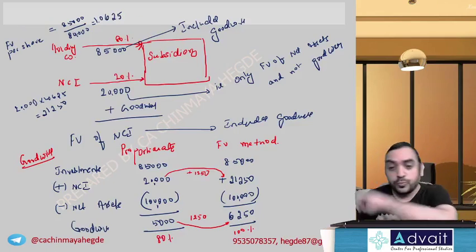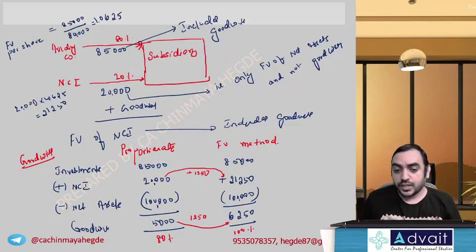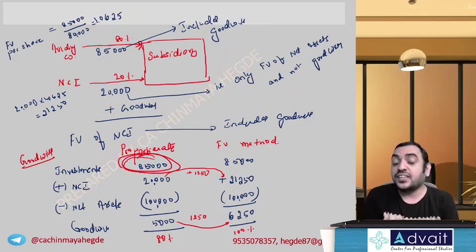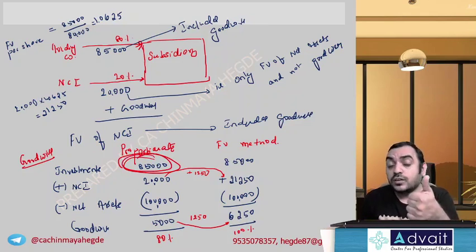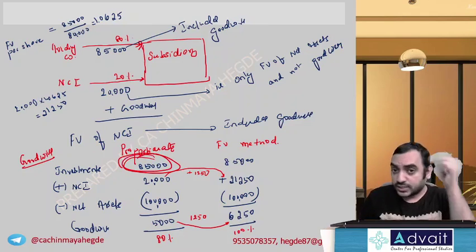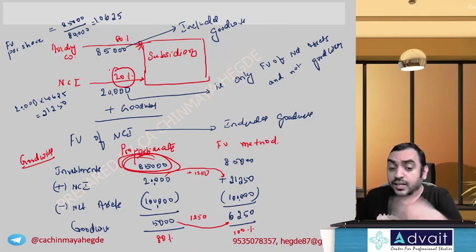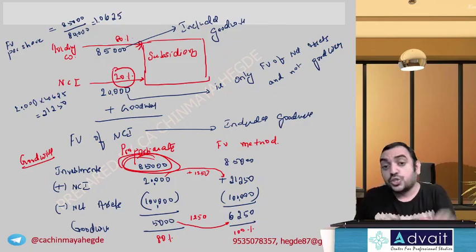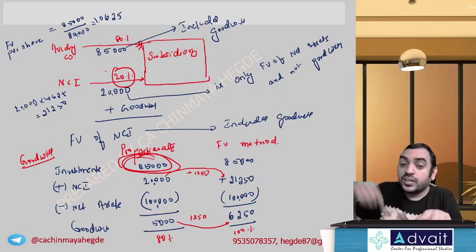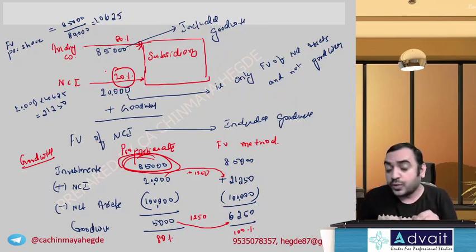I'll explain one more way in this case. In the books, the fair value of assets and liabilities was 80,000, right? But you paid 85,000. Why did you pay more? Because of the goodwill element. Similarly, if NCI valuation is to be done, they also have to be valued more. So the value of NCI should include not only what you show in the book value of assets and liabilities, but also an element of goodwill.